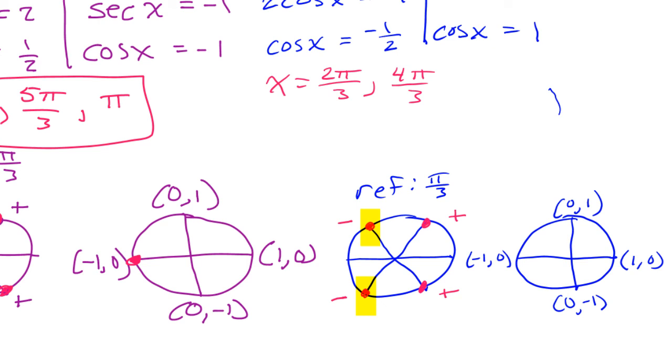Cosine is the x value, so we're looking for an x value of 1, and you will find that here and nowhere else. So that's why this is the solution. Angle 0. So in addition to these two, I will add 0 to the solution set.